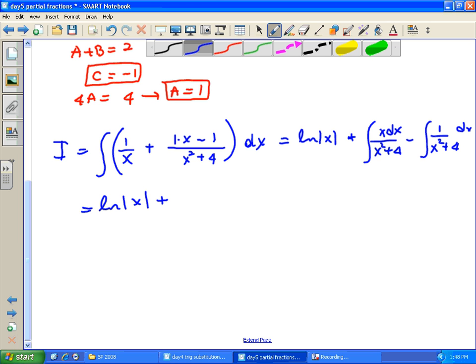Let u be x squared plus 4, du is 2x dx. So what will the answer be? Exactly. If you go through your u substitution, you're going to get 1/2 ln u, which in this case is x squared plus 4.